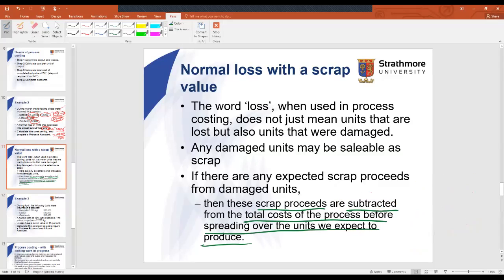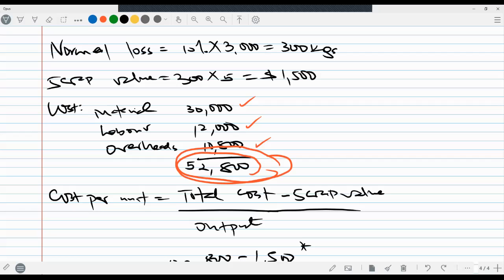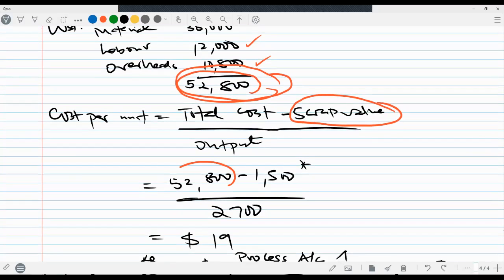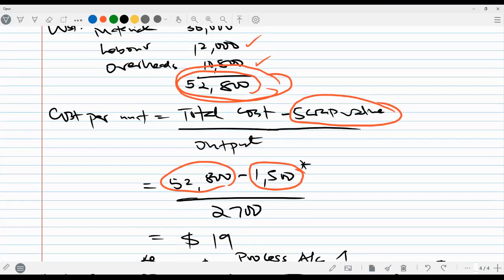How much do you receive from the disposal of the item? You have received 1,500. Therefore, we're going to be subtracting 1,500 from the cost. This is the total cost incurred for the process, therefore subtract the disposal value. Therefore, 52,800 minus the disposal value, which is 1,500 for the normal loss items. We spread over the output, which is equal to 2,700, and we get $19 therefore to be the cost per item.